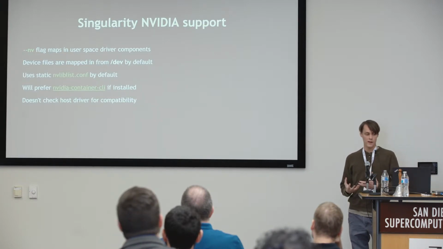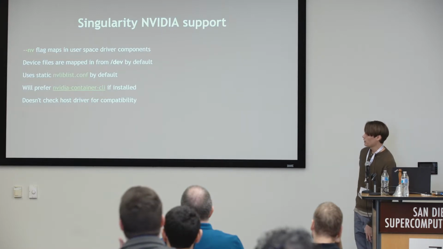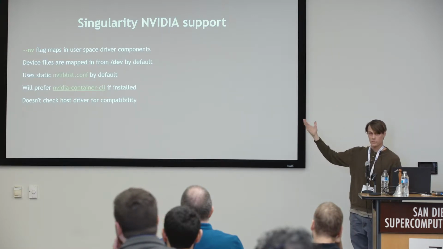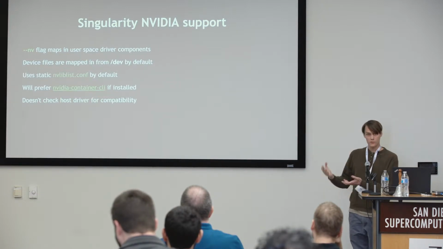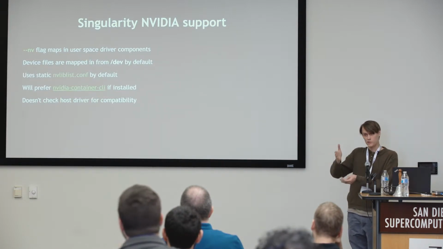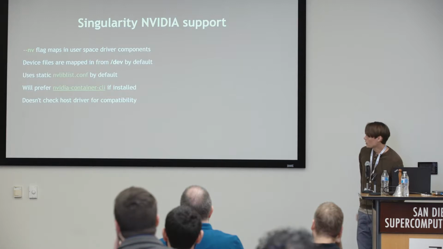So Singularity has NVIDIA support baked in with the --nv flag. When you use that flag, what it does is consult this nvliblist.conf file, which has a list of user space driver components that need to be visible to the container from the host.